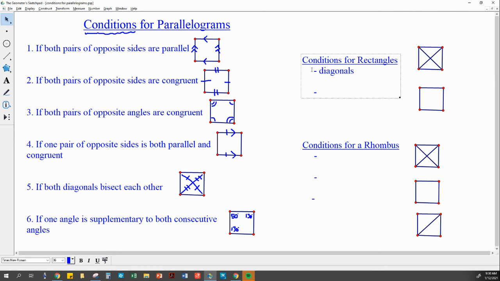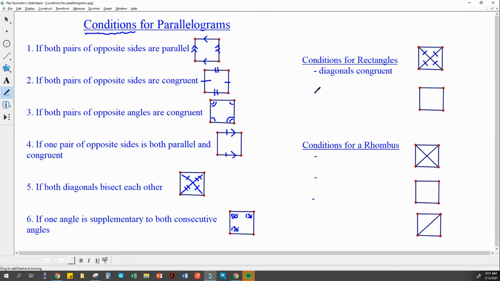We already know if we have a parallelogram that the diagonals cut each other in half. But if the diagonals actually end up being congruent, all right, and what that would look like on a diagram is instead of knowing that they just cut each other in half, then all 4 of these pieces would have to be the same.